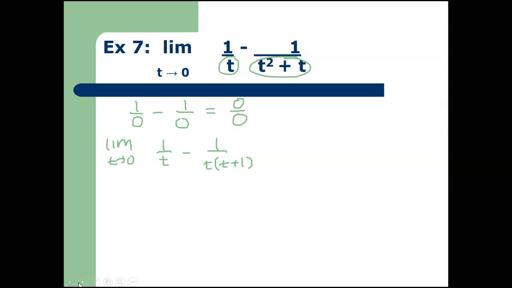Well, now that means the least common multiple is t times t plus 1. It means I need both fractions to look like that. So what we're going to do is multiply the first part by t plus 1 over t plus 1. So it's like multiplying by 1, but it gets me my common denominator.